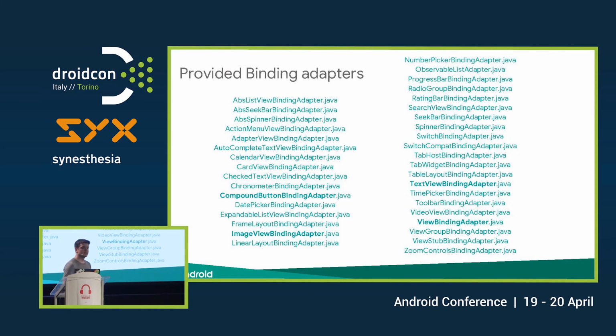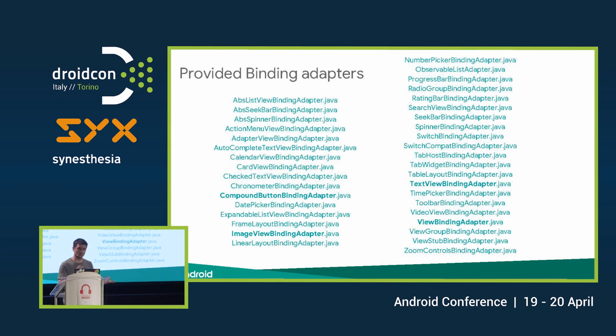So this is the list of provided binding adapters that we offer in the library at the moment, at least. As you can see, they did a lot of work with these things. If you want to take a look at them, I recommend you starting with a compound button binding adapter. You'll see that what I show you was actually a simplification.